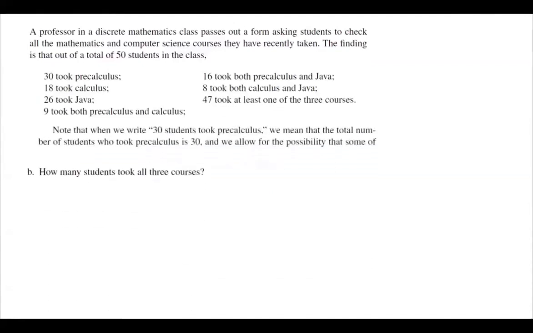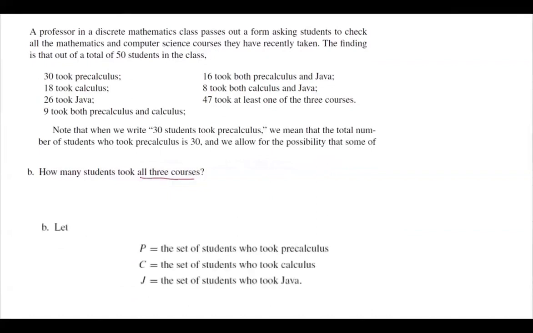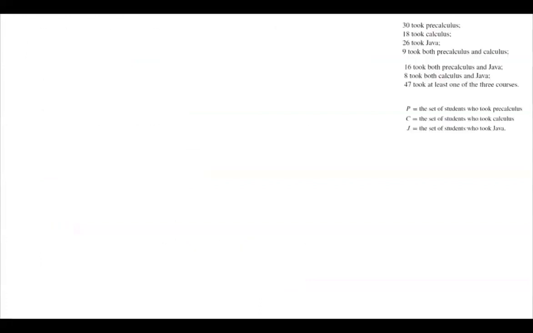Part B, how many students took all 3 courses? That's an interesting case. Suppose P represents the set of students who took pre-calculus, C the set of students who took calculus, and J the set of students who took Java.